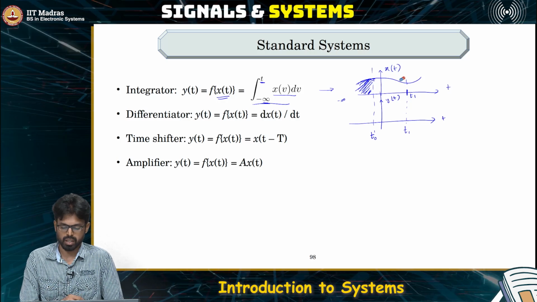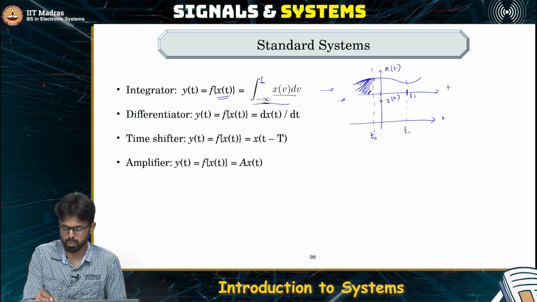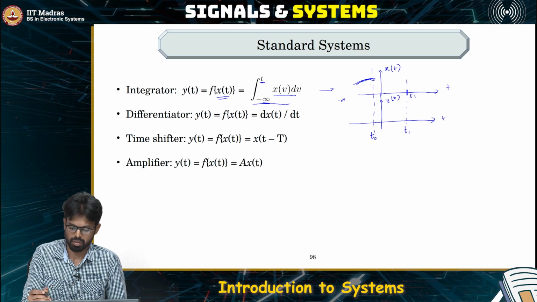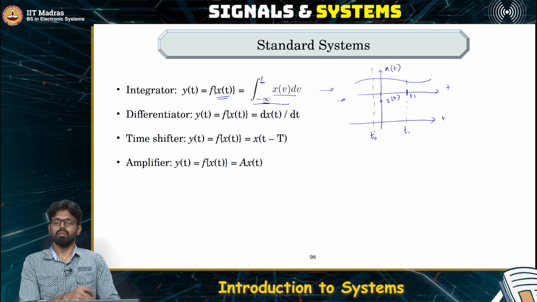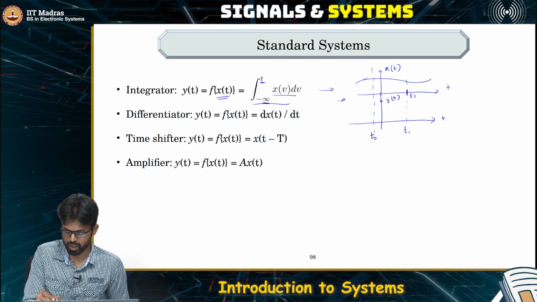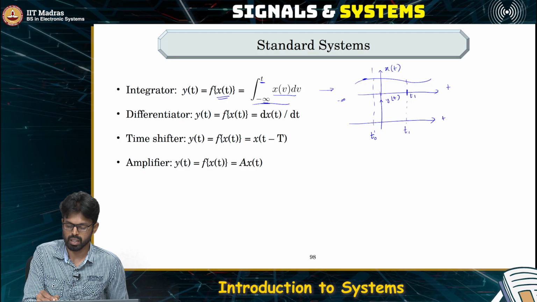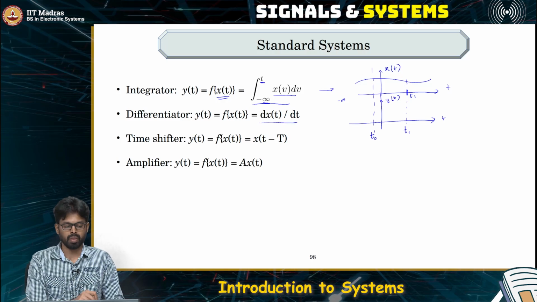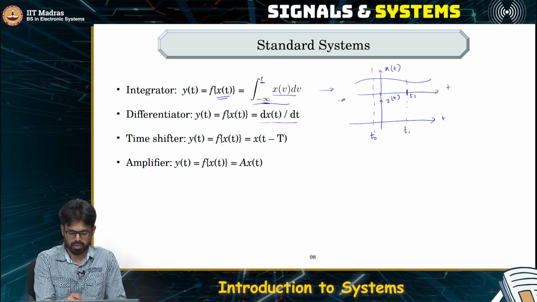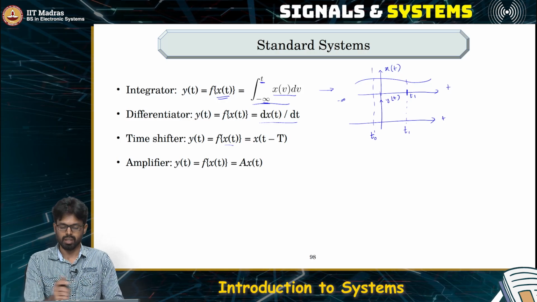So this is the integrator. Now what is a differentiator? A differentiator is basically the slope of the input at every time instant. If you find the slope at this time instant, then you declare that to be the output. That is the differentiator. And the time shifter is basically whatever is the input, you shift that input in time.